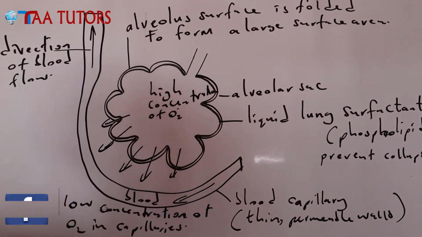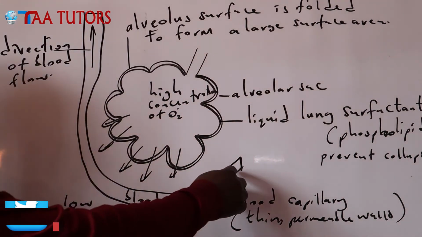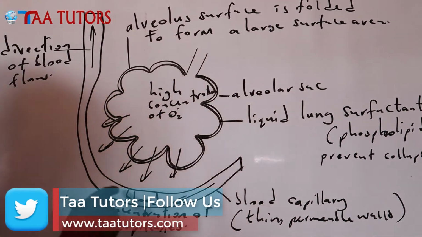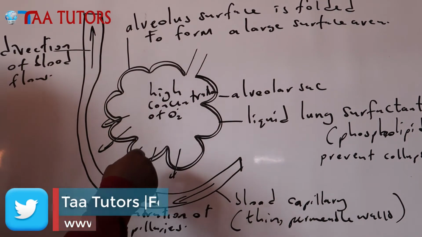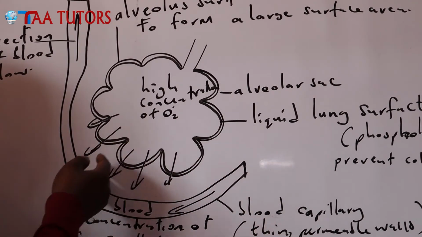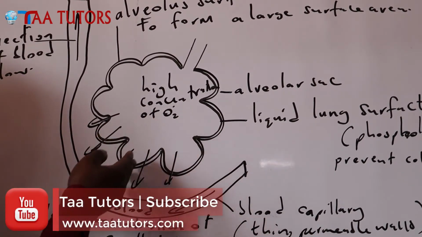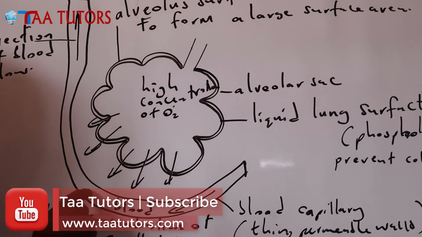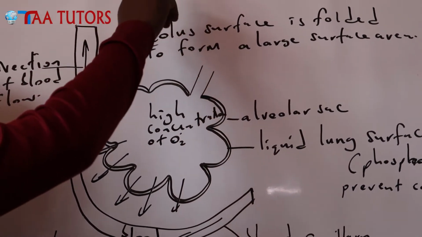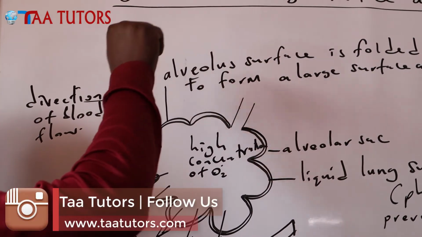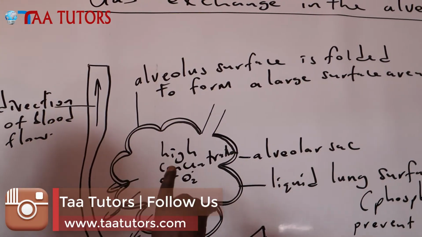So it is coming up here with blood that has low oxygen concentration. When it reaches here, it finds that in the alveolus there is high oxygen concentration, so the gas can just diffuse here by simple diffusion. It goes into this blood, and then it goes back to the heart to be pumped to every part of the body, so that it can supply the oxygen.